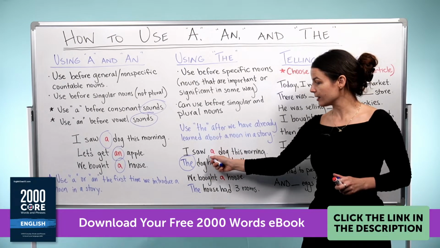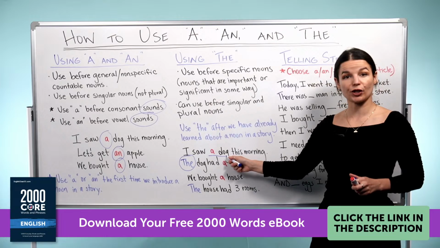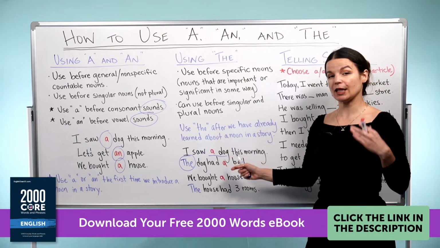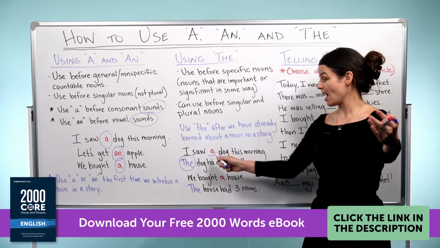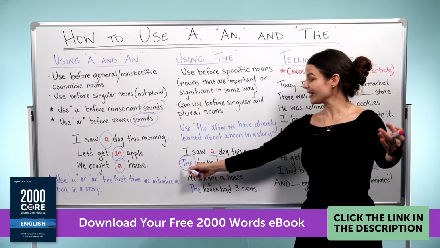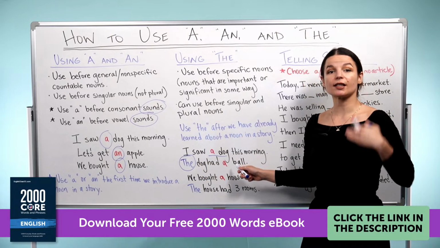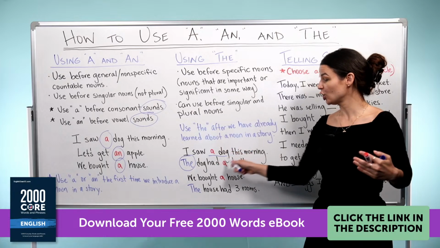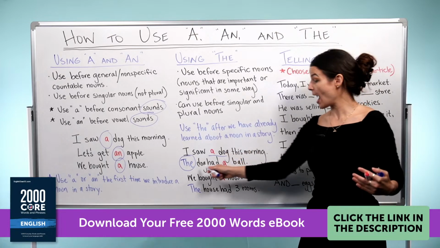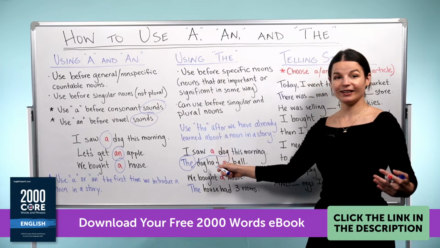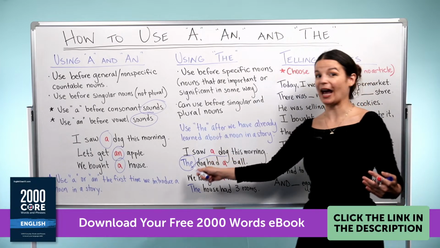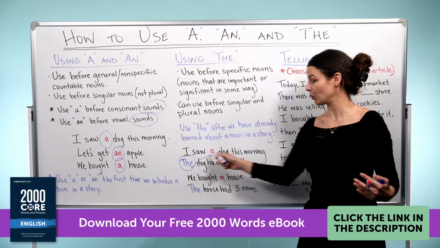In the first sentence, I used a before dog because I introduced the noun dog the first time, right? A dog. Now, in sentence 2, I want to talk about the same dog from sentence 1. I use the to mean this dog, okay? It's like a connection to the past idea, the idea before, okay?